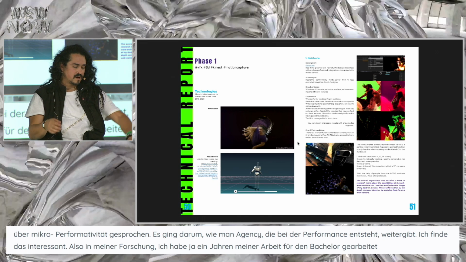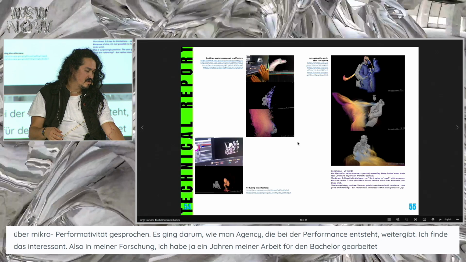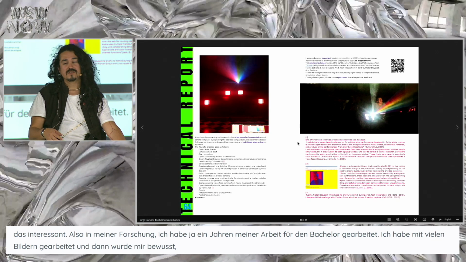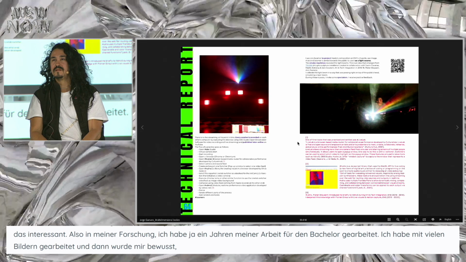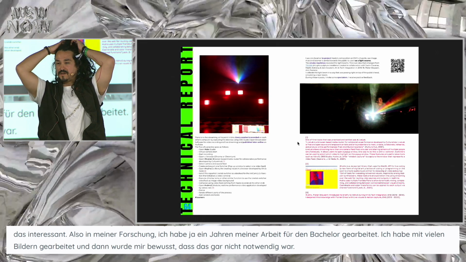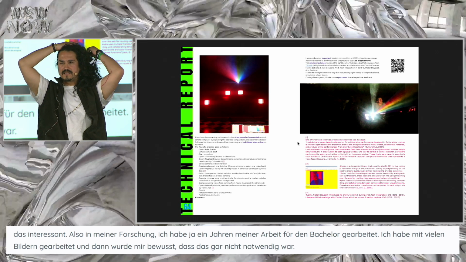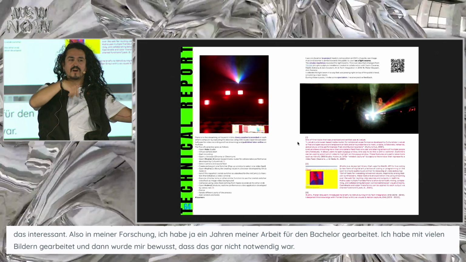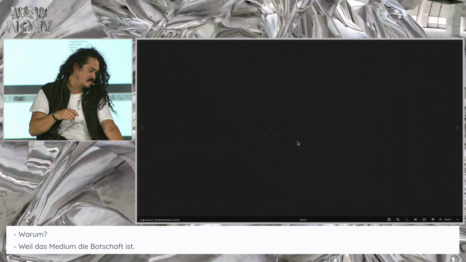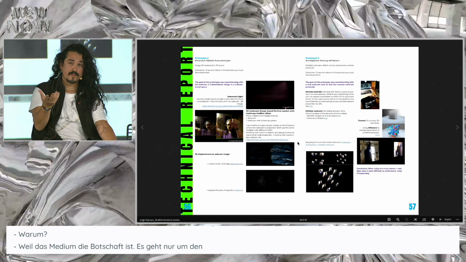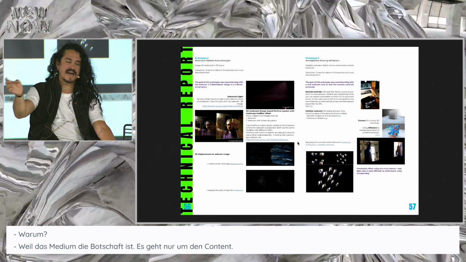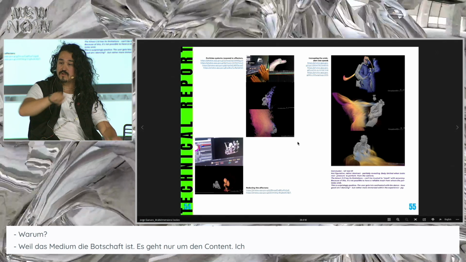But then I realized it was not necessary, because the medium is the message, as Marshall McLuhan says, meaning it's just the content. This is working towards content, and then utilizing the dance in a functional way in a 3D software. You can do it the other way around.